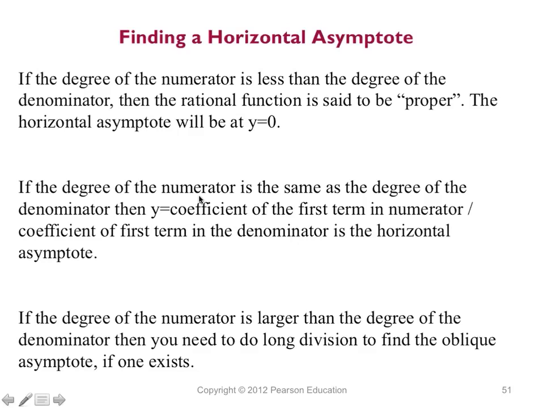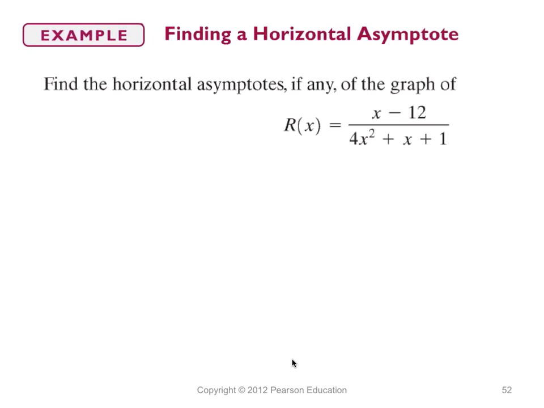But if the degrees are the same, okay, so the degree of the numerator is the same as the degree of the denominator, then y is going to be equal to the coefficient of the first term in the numerator divided by the coefficient of the first term in the denominator, and that is going to give you your horizontal asymptote. And then if the degree of the numerator is larger than the degree of the denominator, then you have to do either long division or synthetic division in order to find your oblique asymptote if one exists.